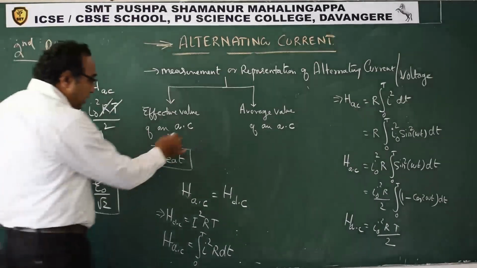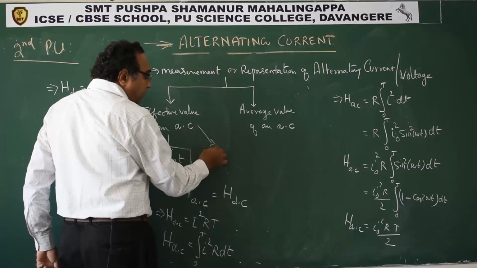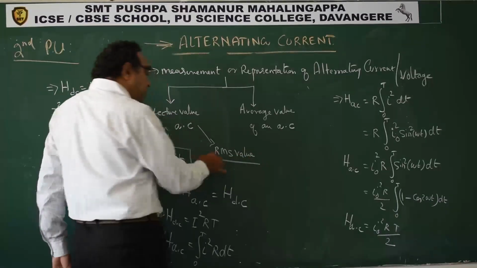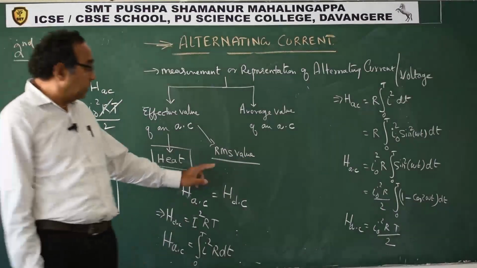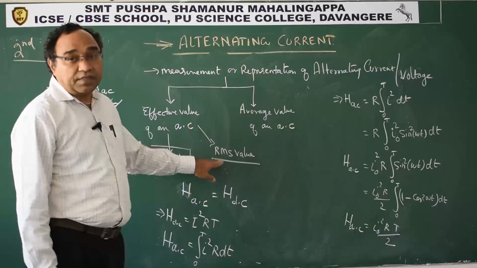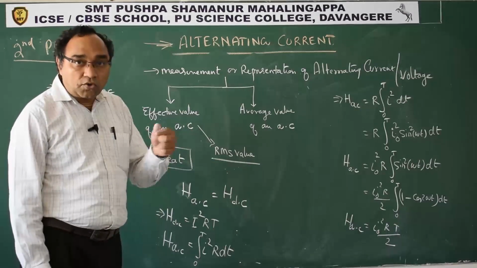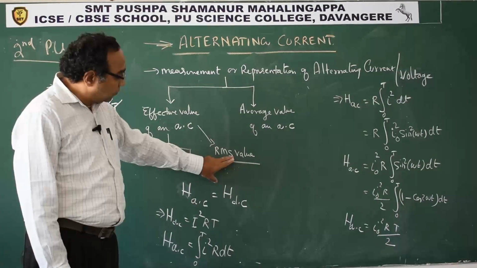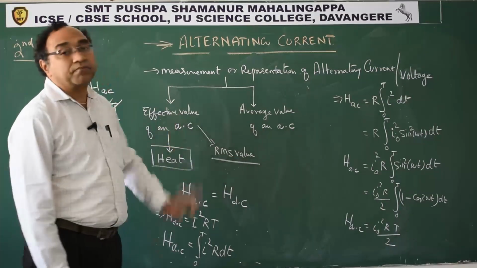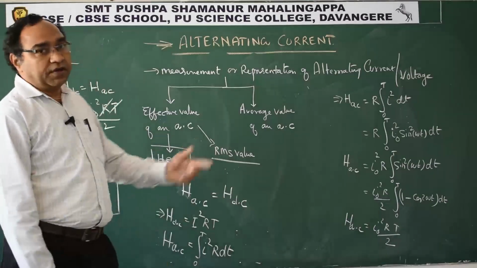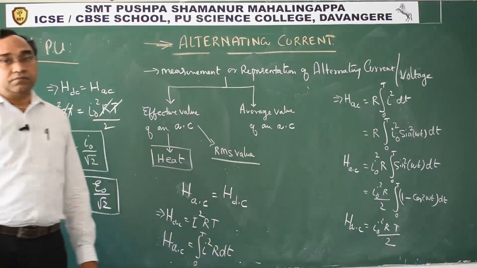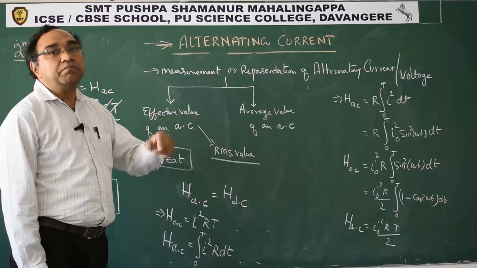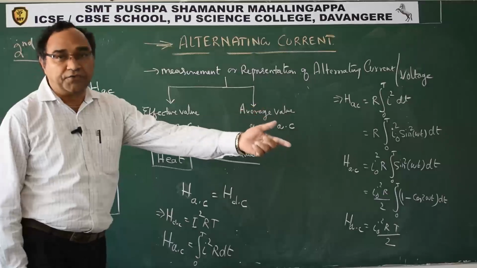So the effective value is also known as the RMS value. What is RMS value? You have come across this word RMS. RMS value is nothing but the square root of the mean of the squared value of AC. You have done this in kinetic theory, I guess, RMS velocity. So that same RMS. RMS stands for root of mean of squared velocities.